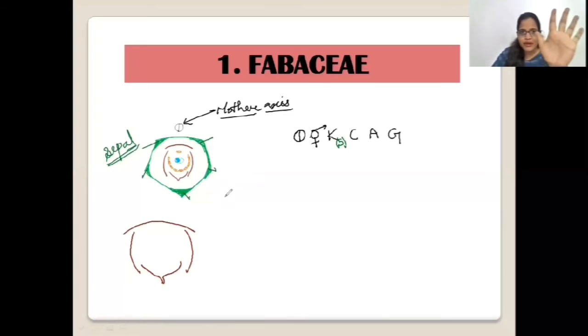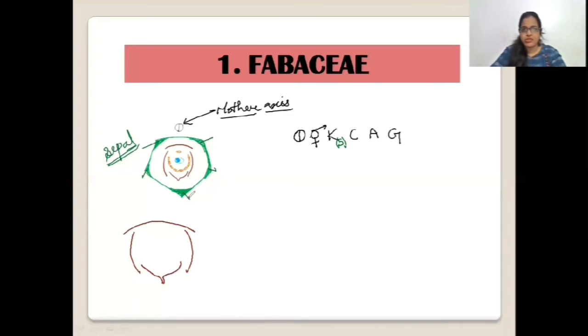Here a total of 5 petals are there, but all these 5 petals are present in different formats. So to write the floral formula, we'll use a pattern to show the arrangement of the petals over here. We'll write it in such a way that 1 means starting with the first one from this posterior mother axis, we'll start with this 1. Then on the lateral sides 2 are there, so we use the number 2, means 1 plus 2.